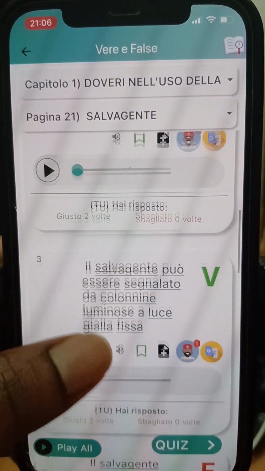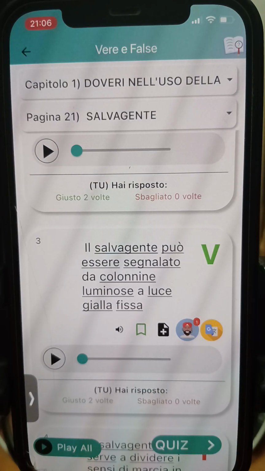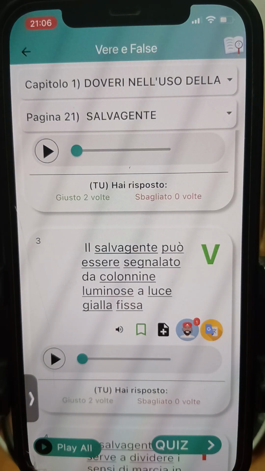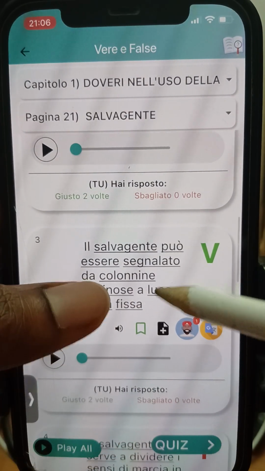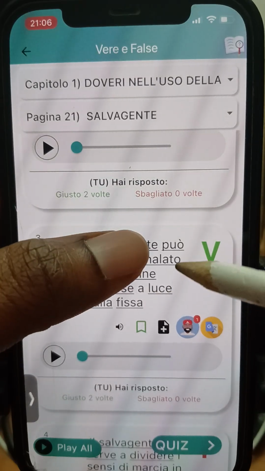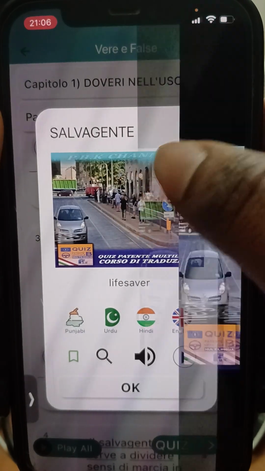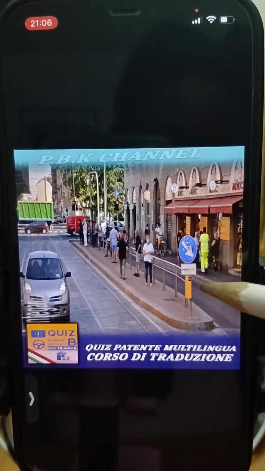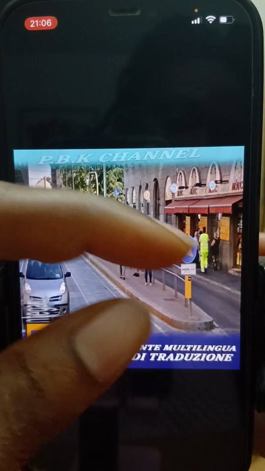Salvagente può essere segnalato da colonnine luminose a luce gialla fissa. Look at it here, see the luminous column with fixed yellow light. Let me zoom in.